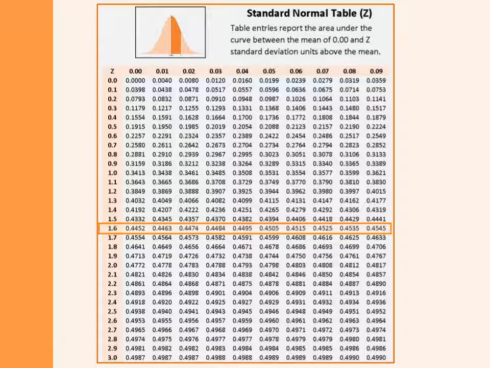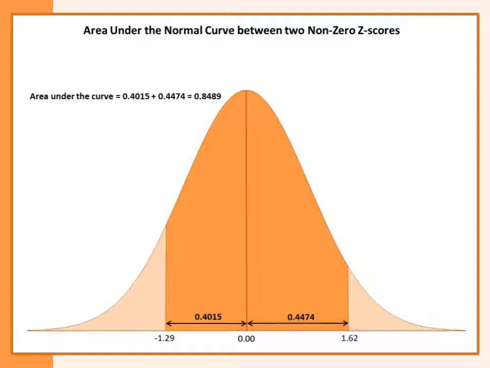We now highlight the row that reports a z-score of 1.6 and the column of 0.02, and we see that 0.4474 of the curve falls between the mean of 0 and a z-score of 1.62. Placing both z-score values on the curve, we see that minus 1.29 falls below the mean of 0, and the area between 0 and minus 1.29 is 0.4015 proportion.